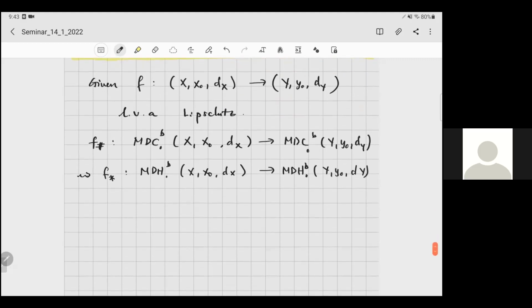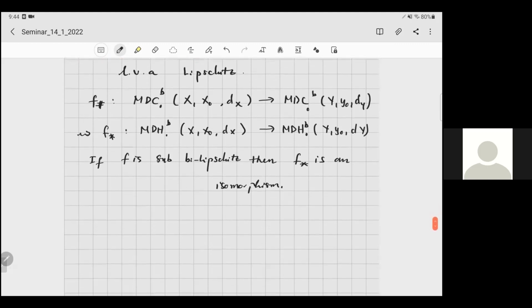Actually, if f is bi-Lipschitz, sub-analytic bi-Lipschitz, then we can prove that f star is an isomorphism. This means the MD homology is preserved by bi-Lipschitz homeomorphism.